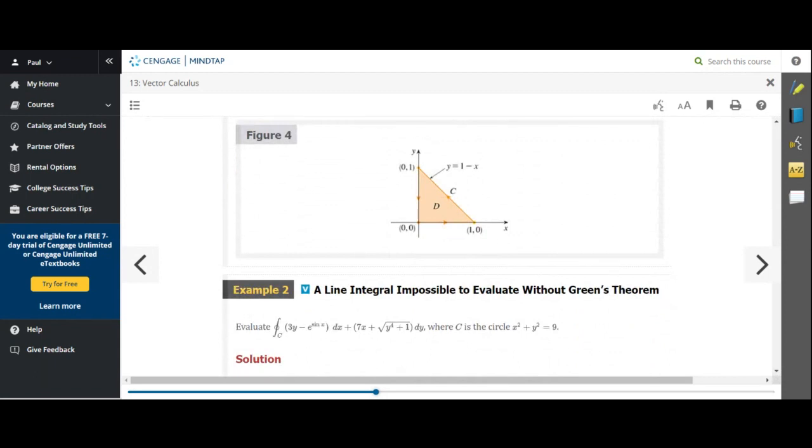And let me ask you, in section 13.2, to compute this particular line integral, how many integrals would we need to add if we were to use section 13.2 to do this problem?